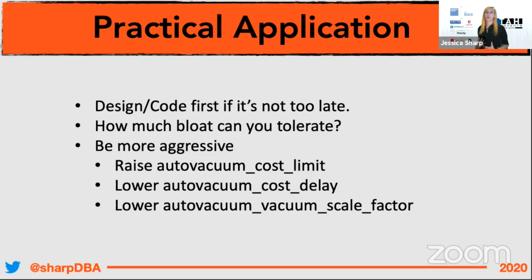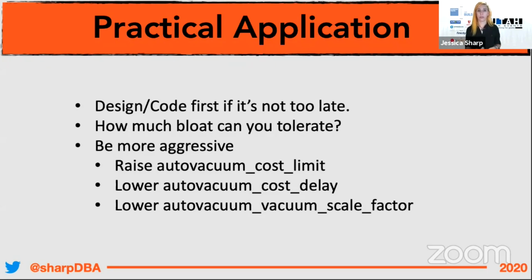So what do you do? You be more aggressive with the autovacuum by raising the cost limit so that there's less of a throttle on the autovacuum. Lower the cost delay, lower the nap time too. The nap time I think is by default a minute.